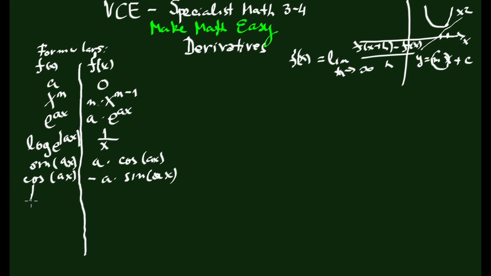And we have tangent of ax, and that is a times secant to the power of 2 of ax. And now we have the inverse functions of the trigonometric functions.